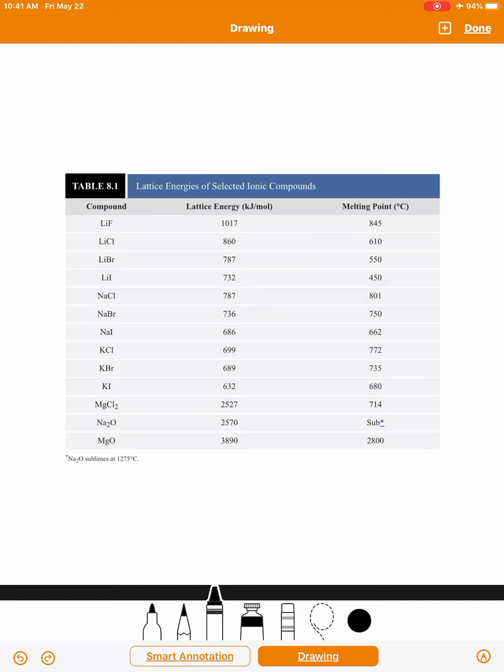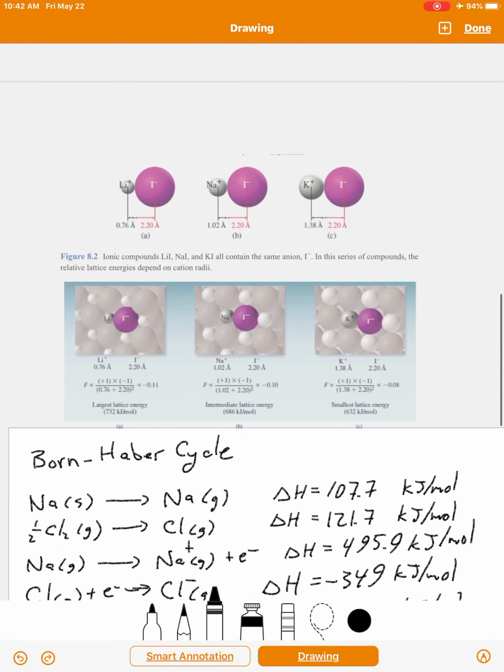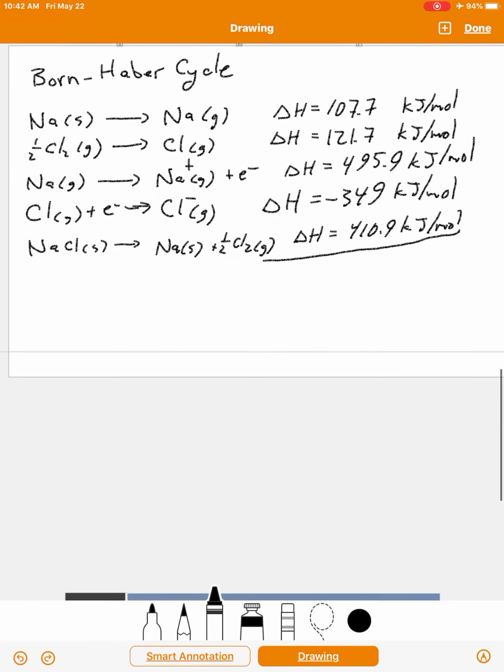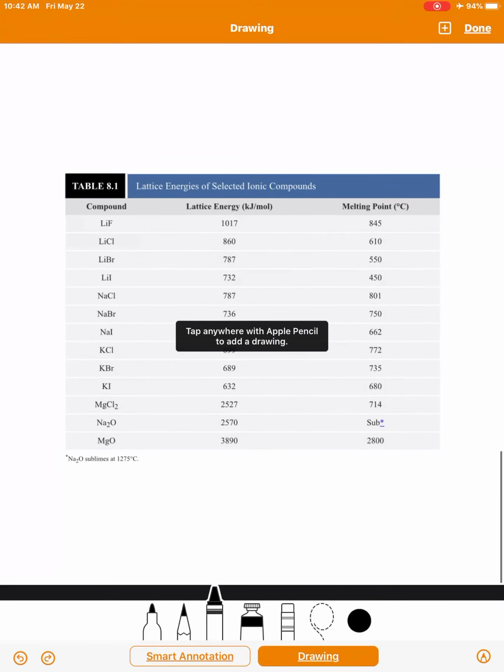So those are the sum attractive energies of all of the ions in lithium fluoride. So coming back over here, these are for the lithium compounds on the far left. Lithium chloride, 860. Lithium bromide, 787. Lithium iodide, 732.